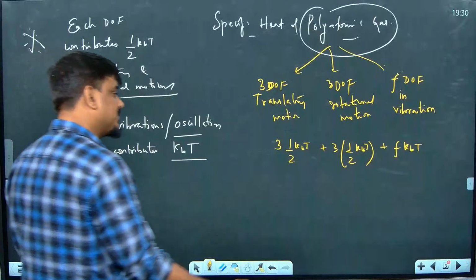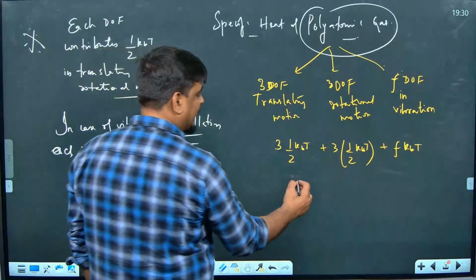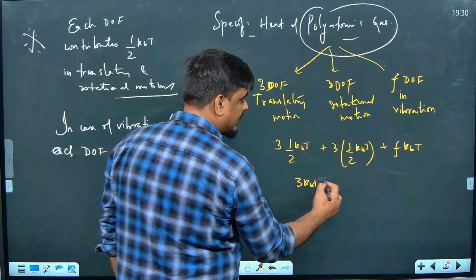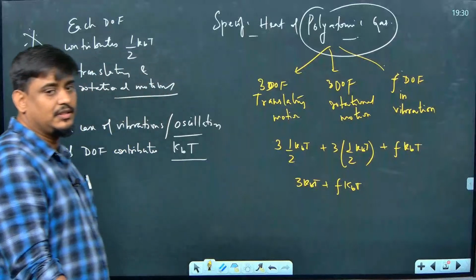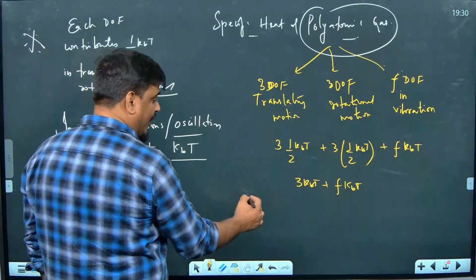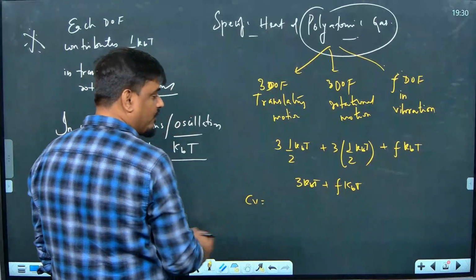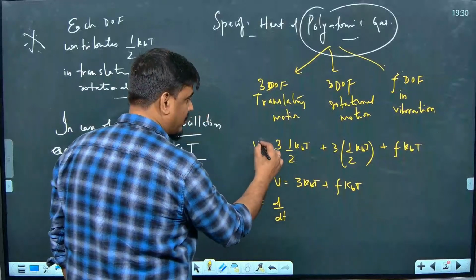Totally how much did you get? 3 by 2 will become 3. So I will write 3 kT plus F kT. So if I want to find what is Cv, which will be d by dT of U, the energy, obviously this is all our energy.